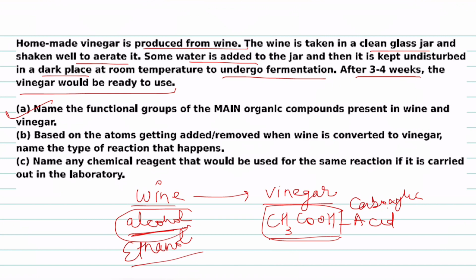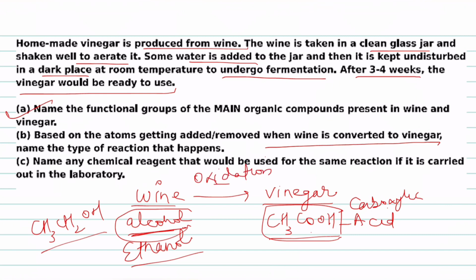Based on the number of atoms getting added or removed when wine is converted to vinegar, name the type of reaction that has happened. See, only one additional oxygen has been added, and two hydrogens have been removed. So this is clearly oxidation.